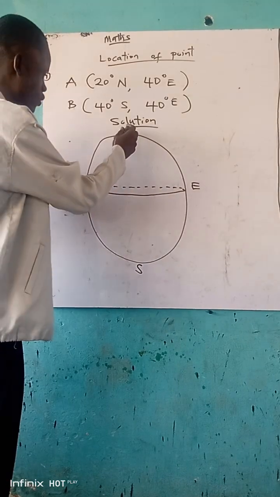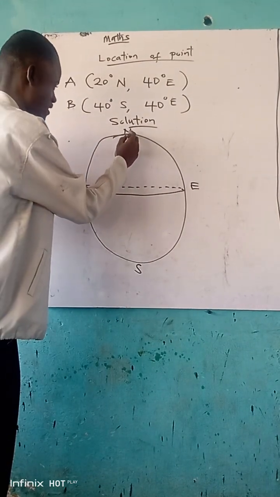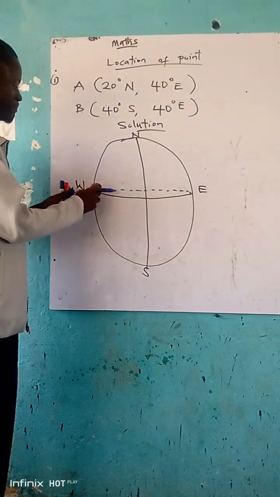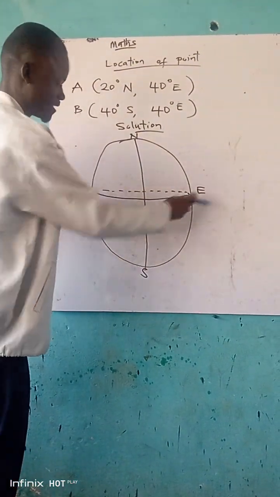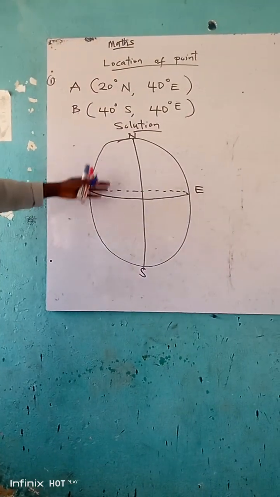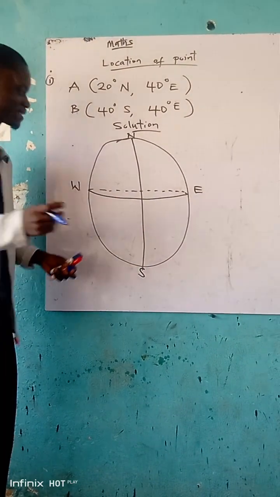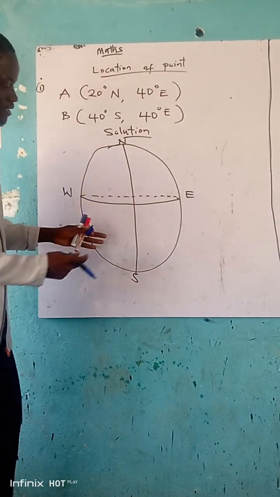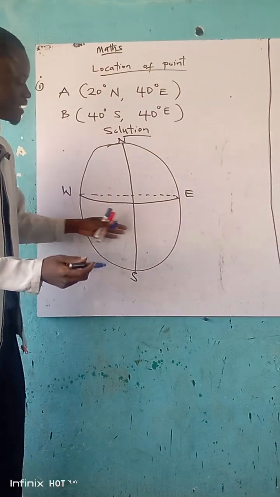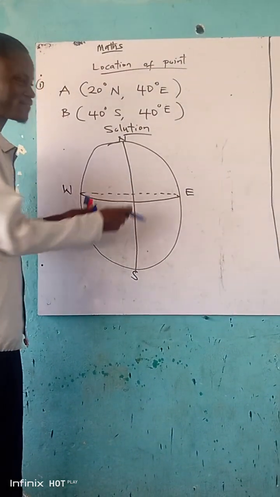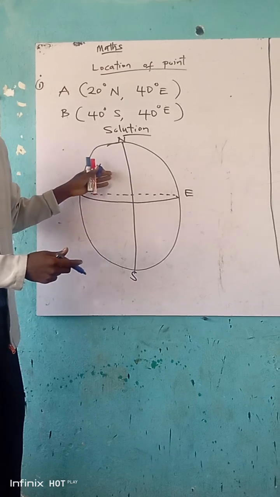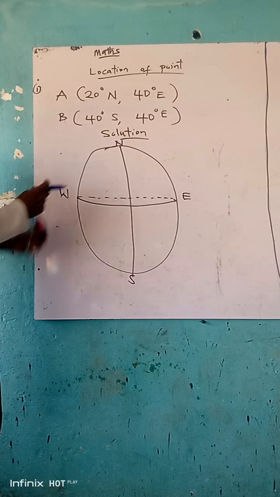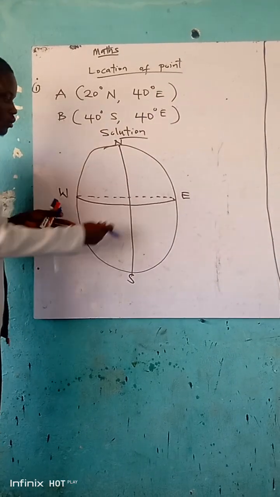And running from the north to the south is our Greenwich, which divides it into 2 equal parts, the west and the east. Remember in our last class I said the equator serves as the reference for all the latitudes, and the Greenwich serves as the reference for all the longitudes. So if that's the case, let's locate these points on our globe.